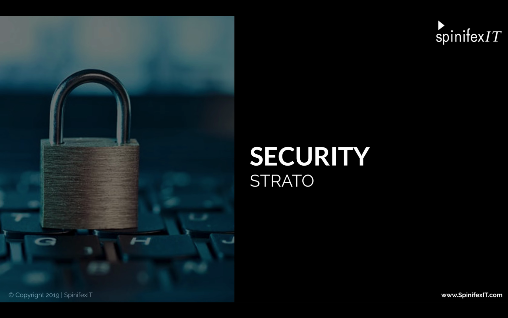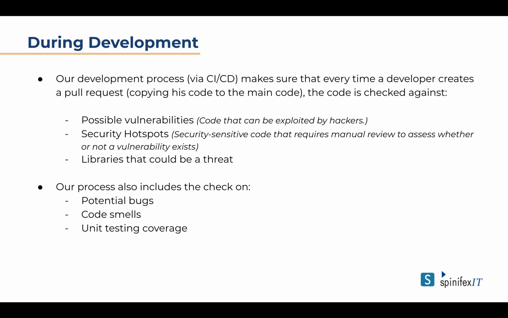So in terms of security now of Strato, it's actually an important point for most of our customers. They want to trust us with their information. So we have a lot of processes around security. The first one is during the development.